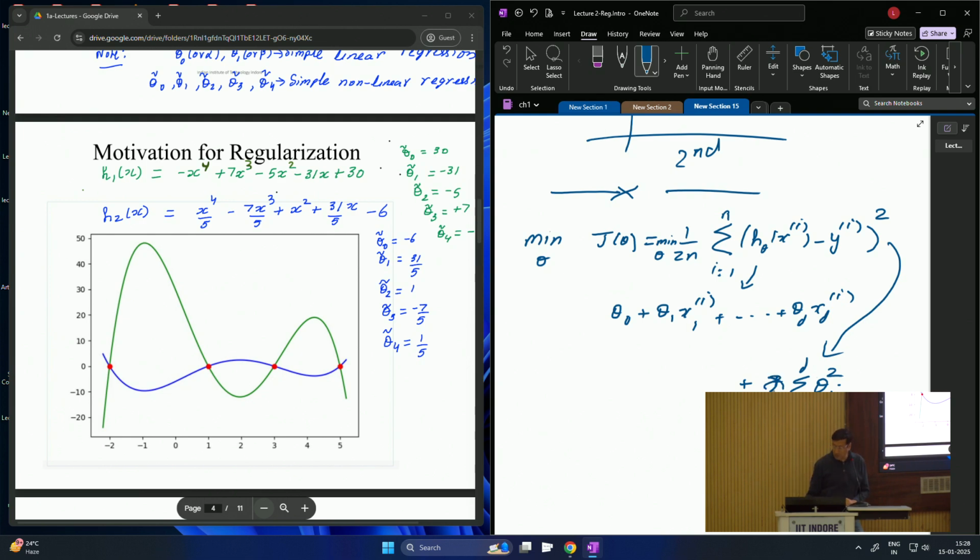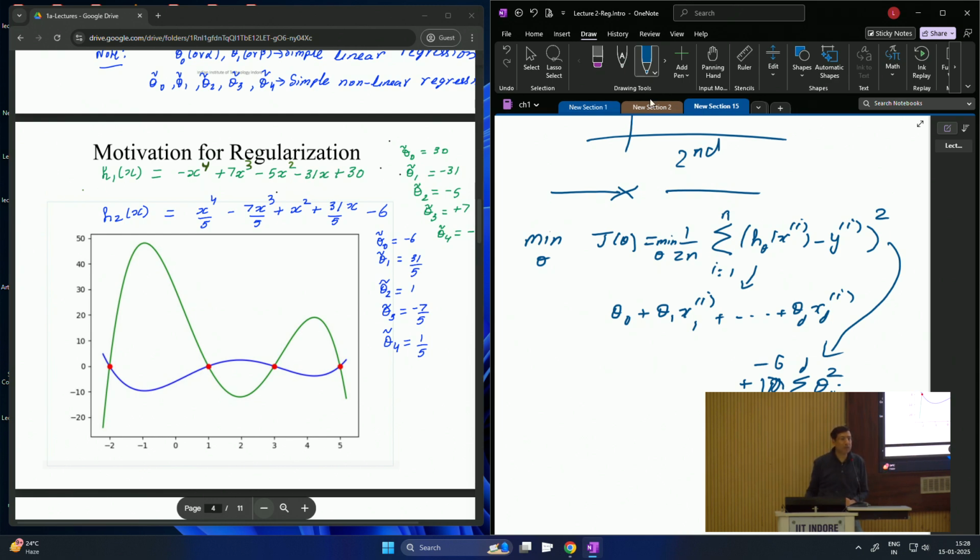If I don't put a lambda, then maybe these values are always small and this term will dominate, all thetas will tend to 0, and you will just get a straight line, theta naught, nothing else. Or if I make lambda 10 to the power minus 6, this term is really small, so the first term will dominate, and whatever non-linearity and high variance it has will remain.